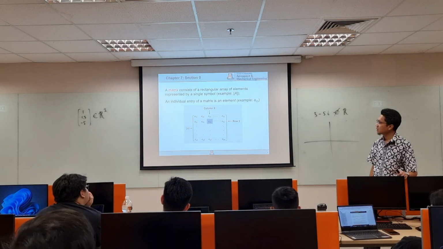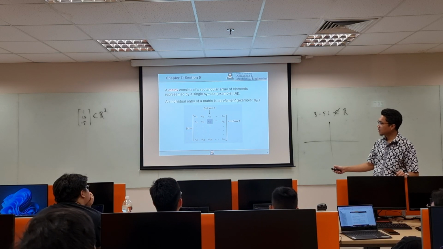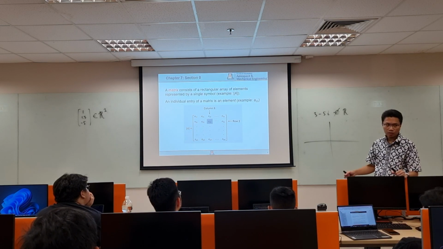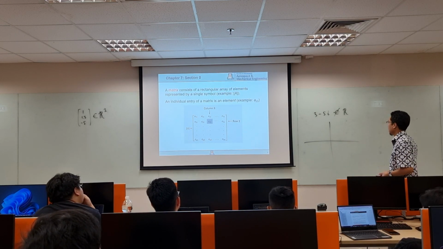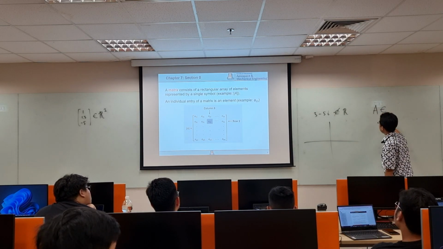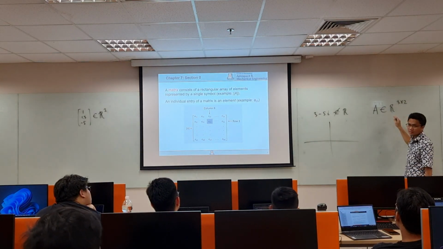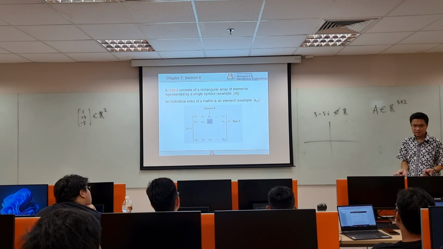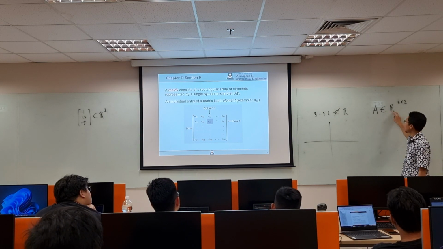Okay, let us see this. By definition, the matrix that you will see is a rectangular array of elements. If we say matrix A is in R 3 by 2. Okay, so when we define matrix, usually we will say it's a member of what kind of set.